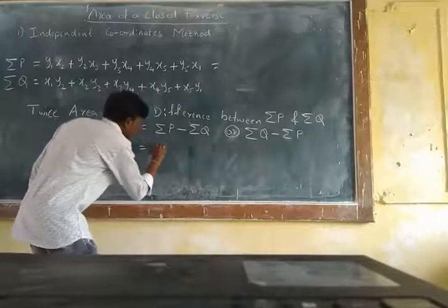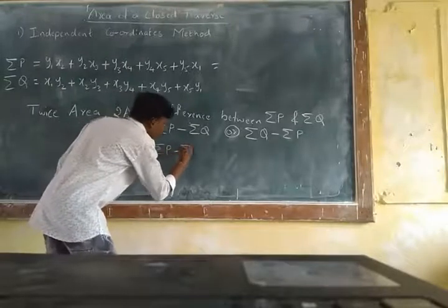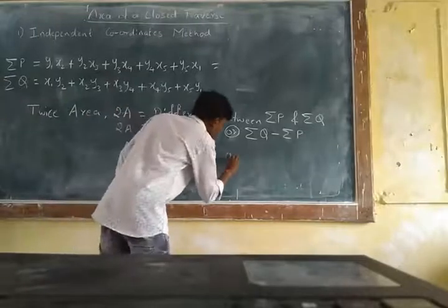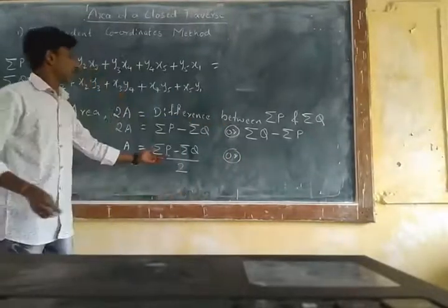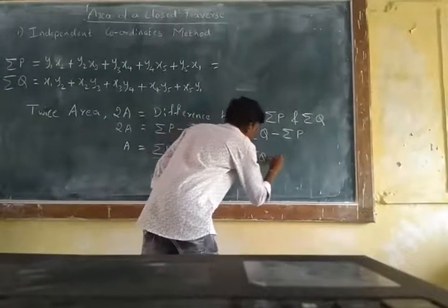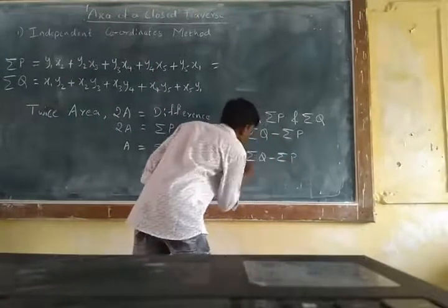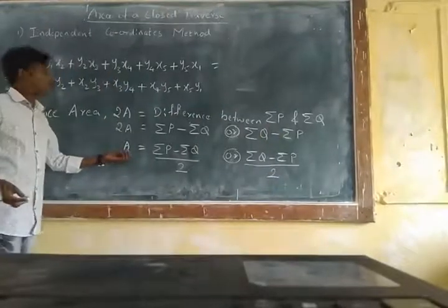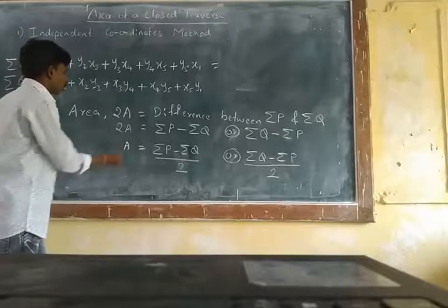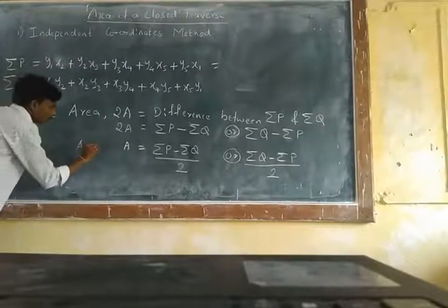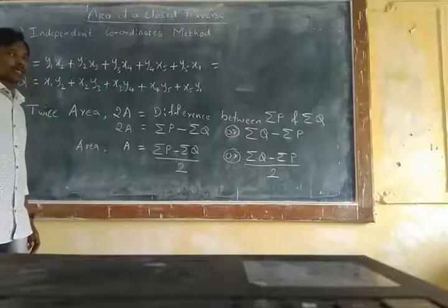Now let's write the formula, sigma P minus sigma Q divided by 2, or if sigma P is smaller than sigma Q, then the formula becomes sigma Q minus sigma P divided by 2. Now in this way we can get the value A, or the area. So this is the area of closed traverse.